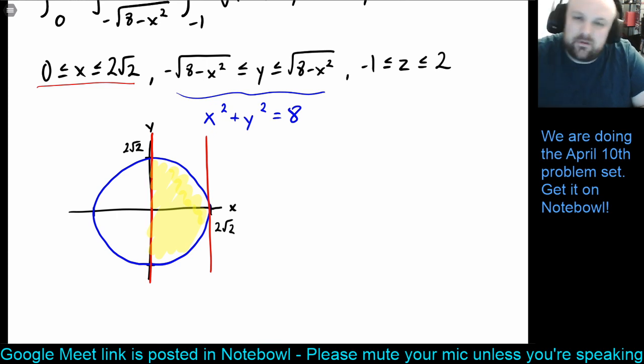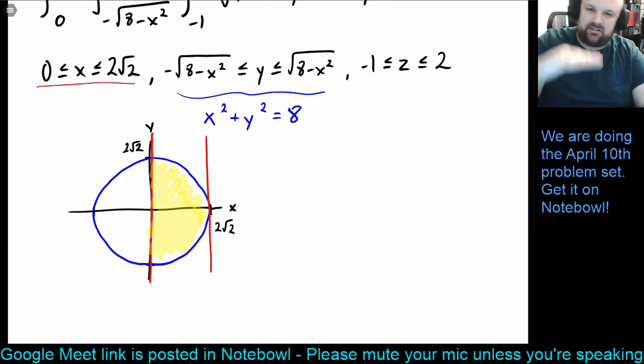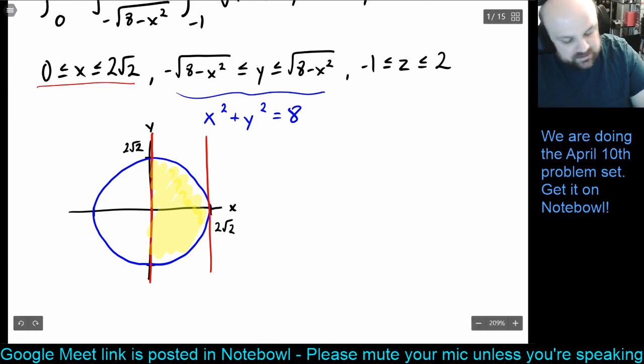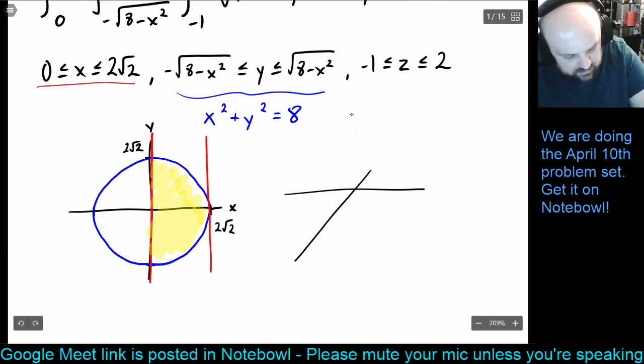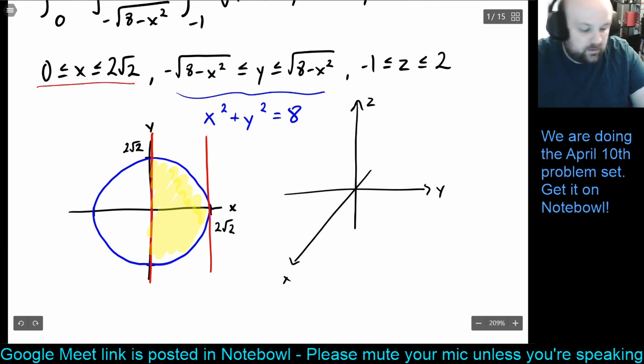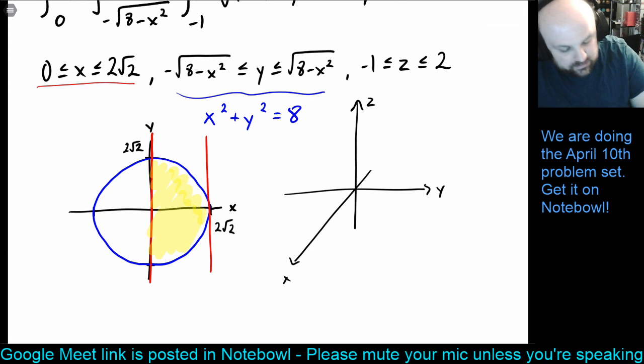But now we want to add z into the mix. So now that we know what the x and y's look like, we can just use the fact that z goes from -1 to 2. So all that means is you have this shape and it starts down at z equals -1 and goes up to z equals 2. So if we draw this in 3D space, hopefully my picture isn't going to be too bad here. We're going to end up with something like this.